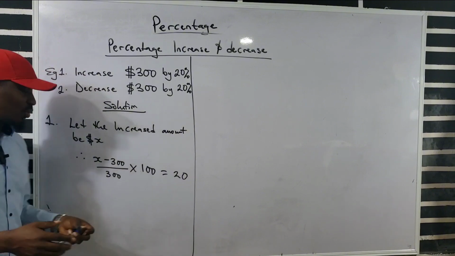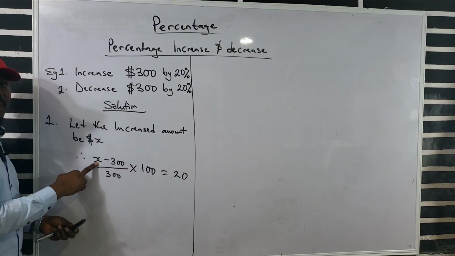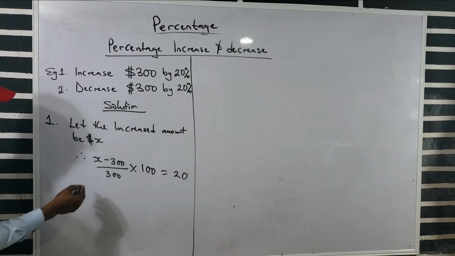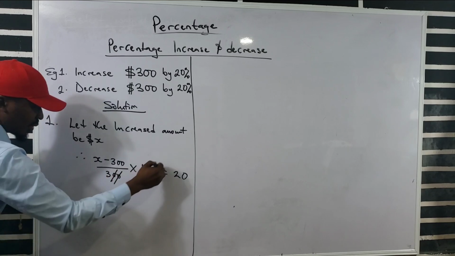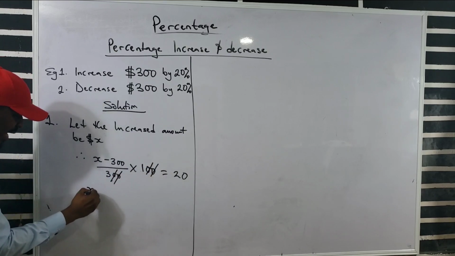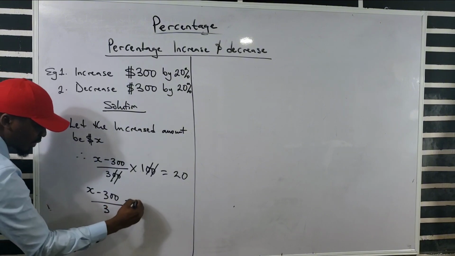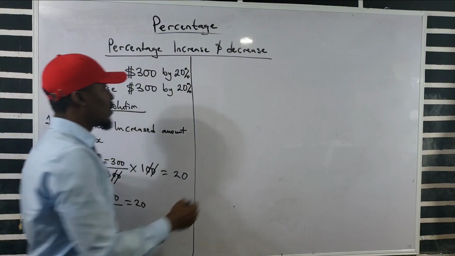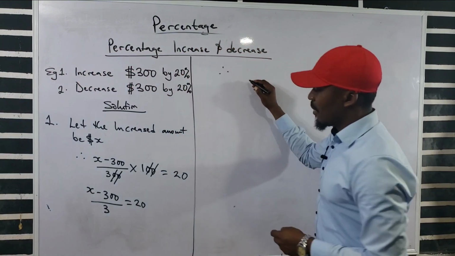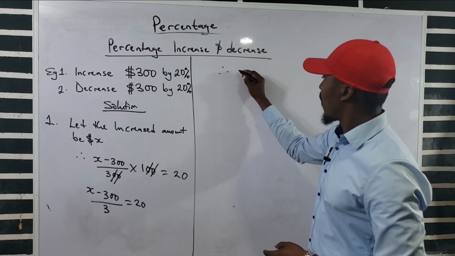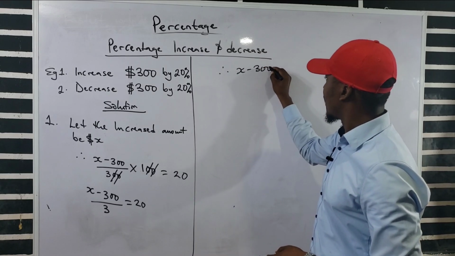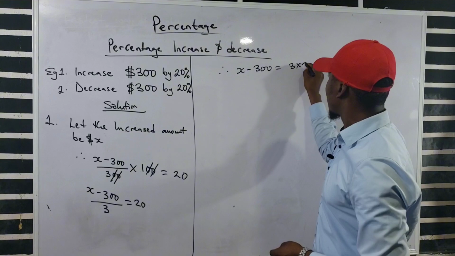So what is the next thing to do? The next thing to do is to solve for the value of X. So let's solve that. This and this will go. I'll have (X minus 300) over 3 equals 20. If I cross multiply there, I'll have X minus 300 equals 3 times 20.